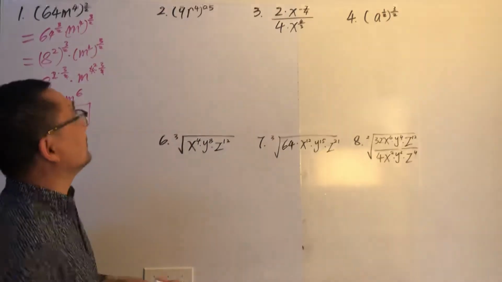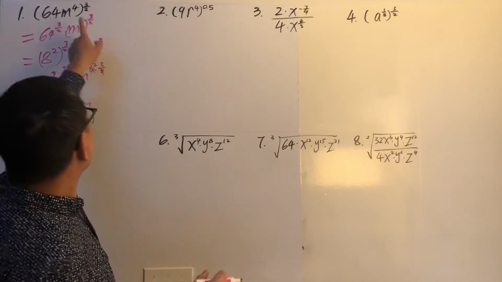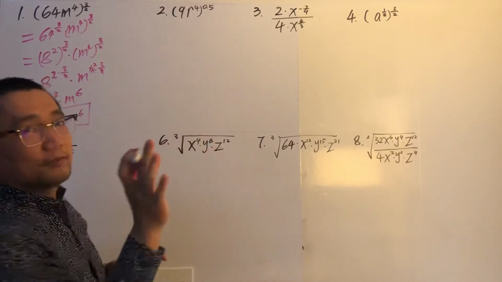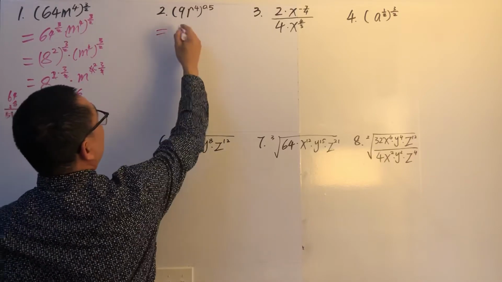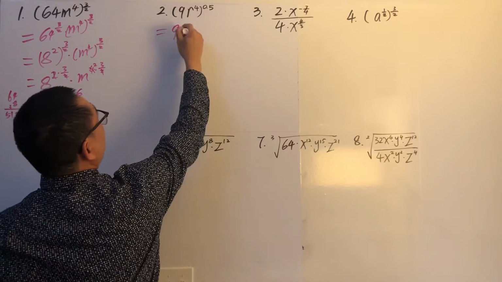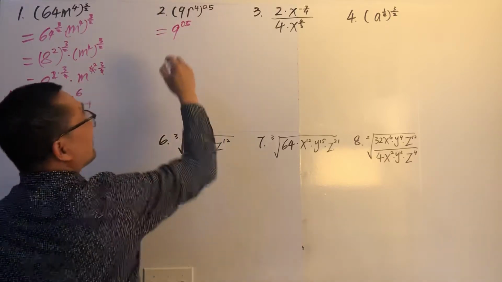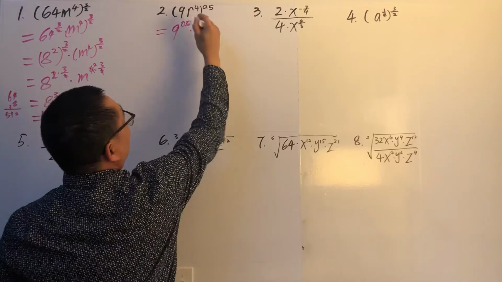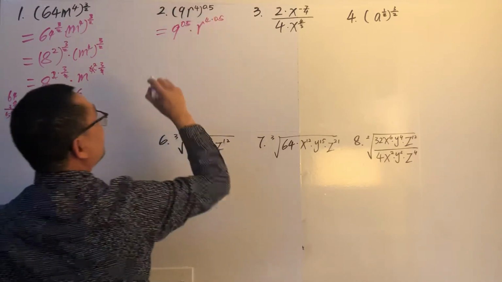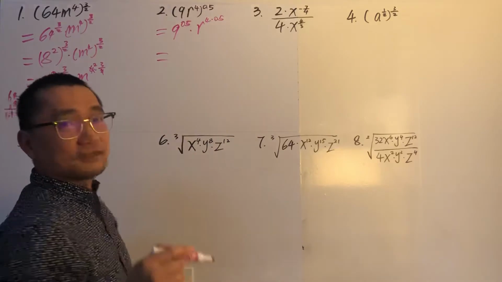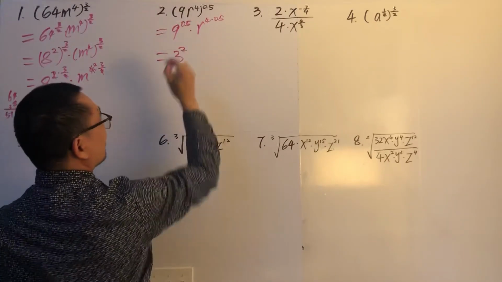That's the first one. The second one is almost similar to the first one. That means use the multiply properties. So now you can write 9 to the power 0.5, and then r with the power 4 times 0.5 here. So also the same thing. The 9 you can change to 3 squared, correct?